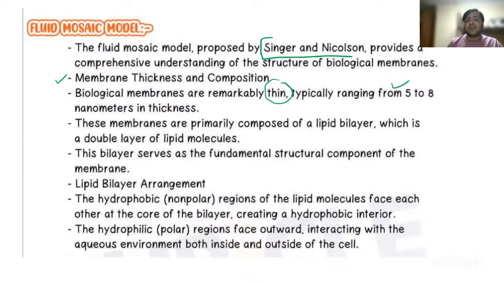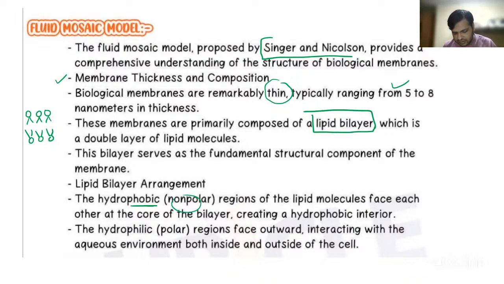They are composed of a lipid bilayer, as we have already told you, a double layer of lipids where the head of the phospholipid faces towards the aqueous environment, whether inside or outside. Remember, the phobic, water-hating part will be facing away from the outer water fluid.